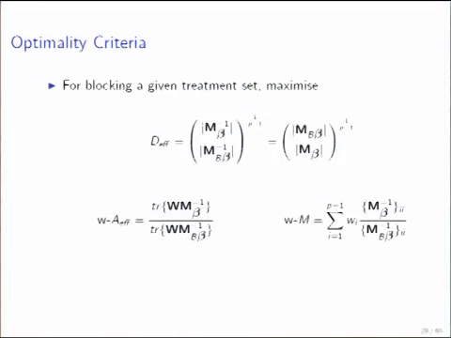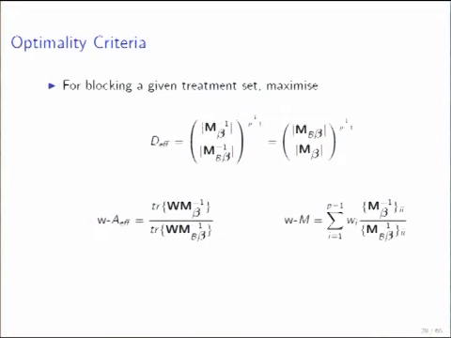For the A criterion as well, we can define this efficiency. That is, the mean, the weighted mean, of the variance for the unblocked design, and the same for the blocked design.